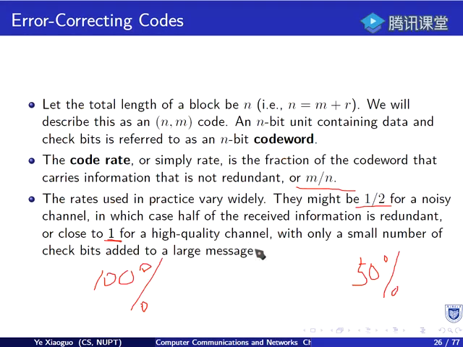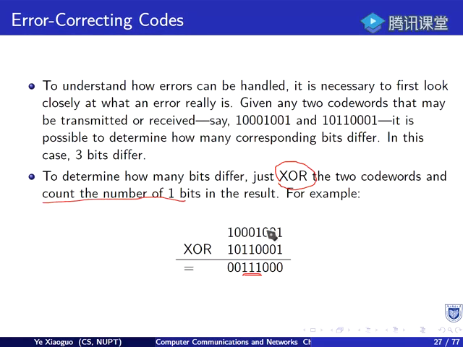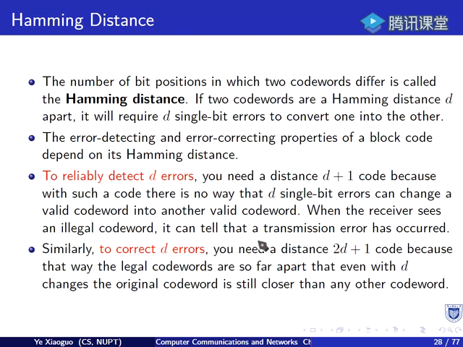That means how these two code words are different, how they are apart from each other. So the number of bit positions in which two code words differ is called the Hamming distance. If two code words are a Hamming distance d apart, it will require d single bit errors to convert one into the other.